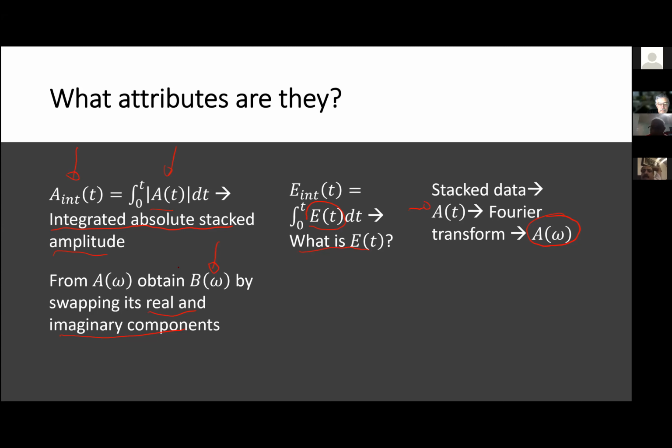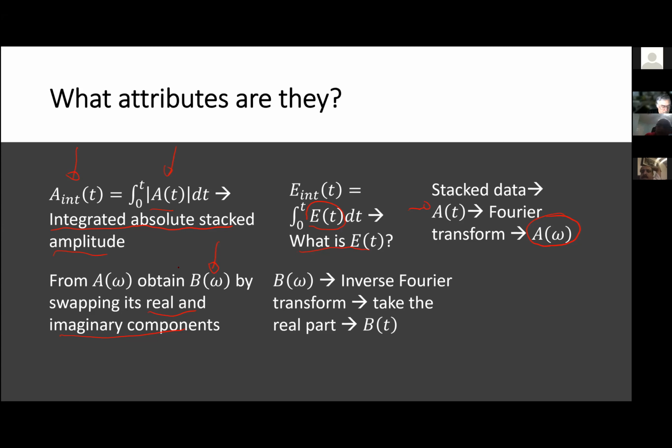That's exactly what I did. And I inverse Fourier transform B of omega, take its real part, go back to the time domain, call it B of t, and compute E of t as the square root of the squares of A of t and B of t.